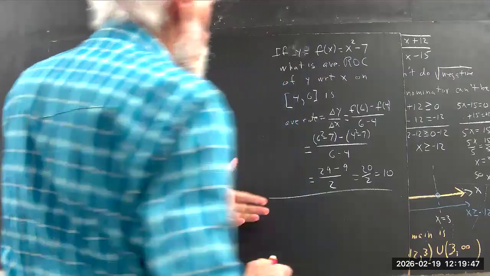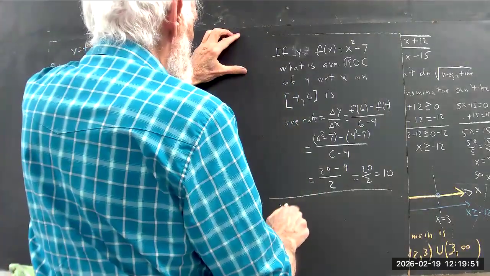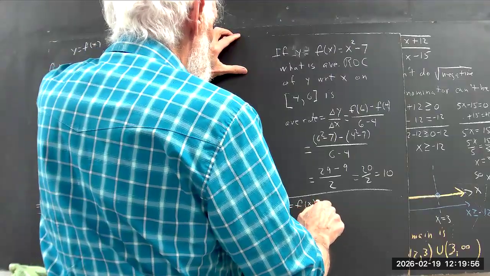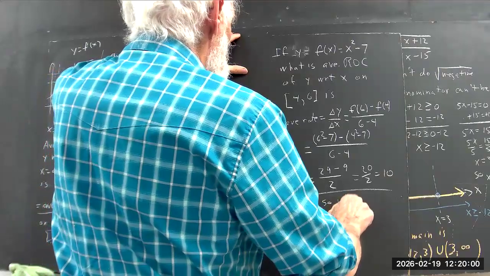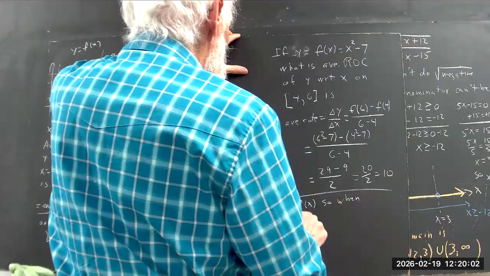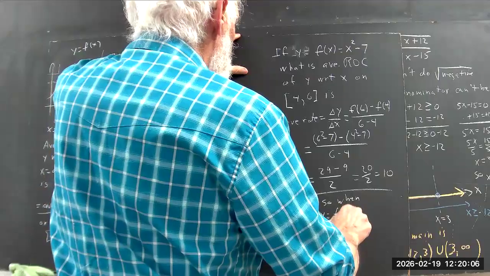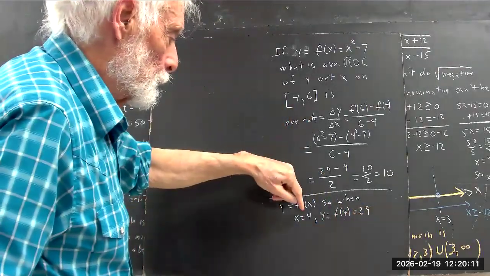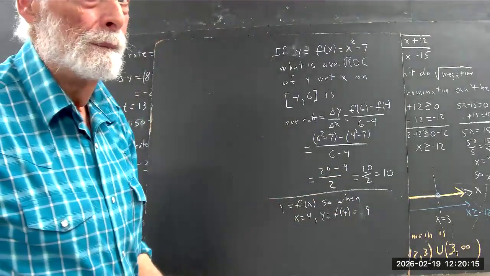Now, you probably want a little clarification, so let me throw that in quickly. Y equals f of x, so when x equals 4, y equals f of 4, which is 9.